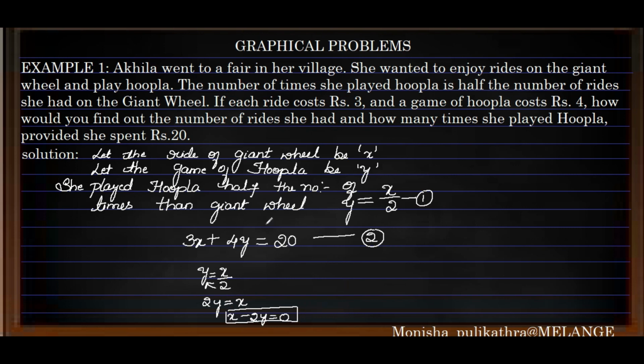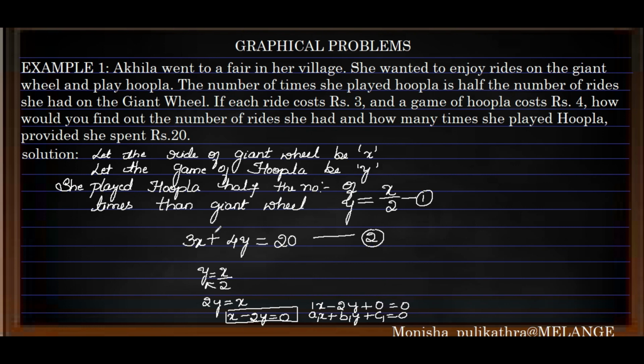The second equation is 3x plus 4y minus 20 is equal to 0. The first equation is of the form a1x plus b1y plus c1 is equal to 0. Here a1 is 1, b1 is minus 2, and c1 is not there; if c is not there, just put a 0.